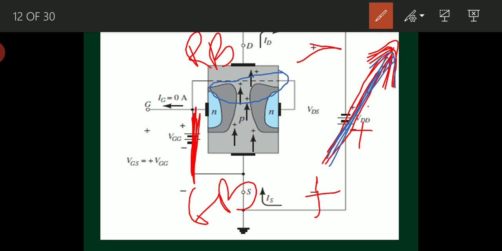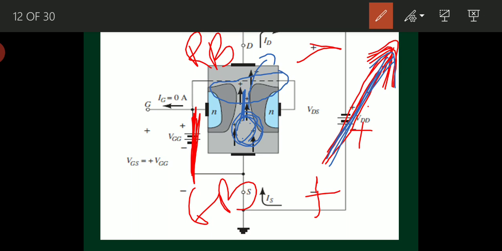So all the charge carriers now can't move from source to drain freely. Why? Because the path is narrow now. So they will accumulate here, and a constant number of charge carriers will move from the source terminal to the drain terminal now.